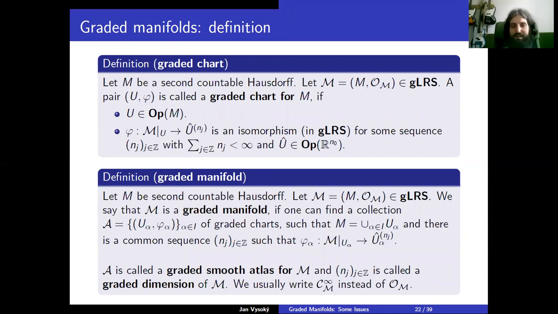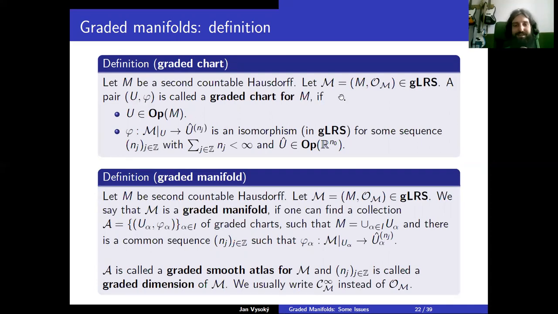I will quickly recall what I mean by graded manifold. So I start with a second countable Hausdorff space, such that I have a graded locally ringed space over this topological space. And I say that a pair, an open subset U and some map phi, is called a graded chart for curly M here.